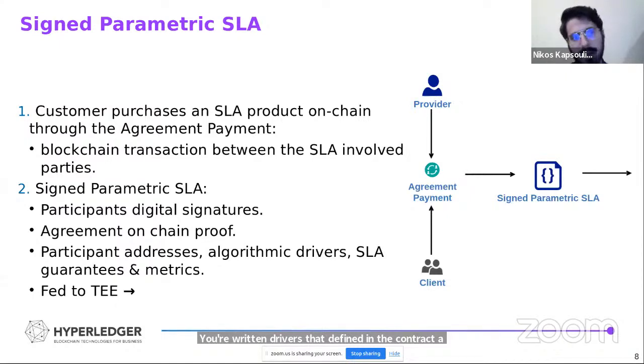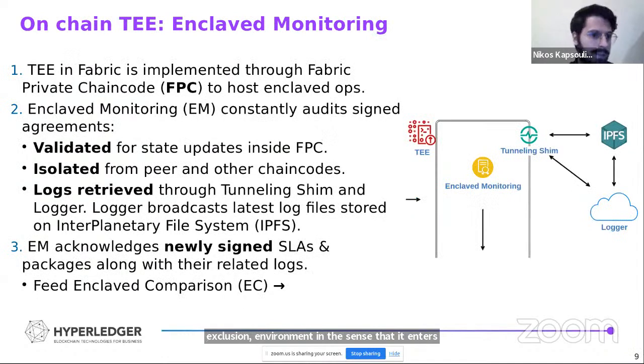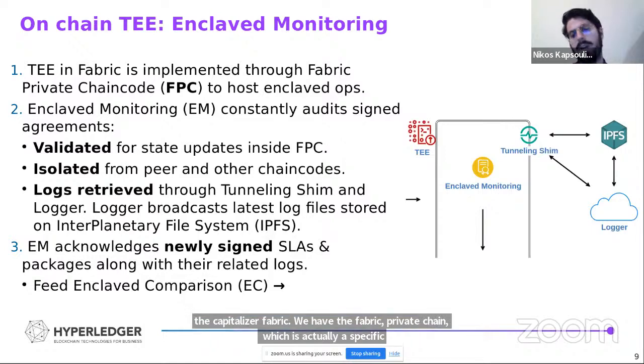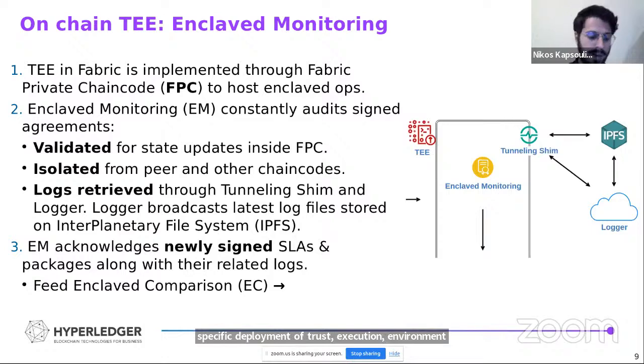And to go to the next one, the logic is that this is fed to the trusted execution environment, in the sense that it enters the TEE, which constantly audits for newly signed SLAs. So in Hyperledger Fabric, we have the Fabric Private Chaincode, which is a specific deployment of trusted execution environment on a Fabric network, where we have enclaved chaincodes that execute with hardware isolation and are guaranteed that their private data is private even from the peers that run it.